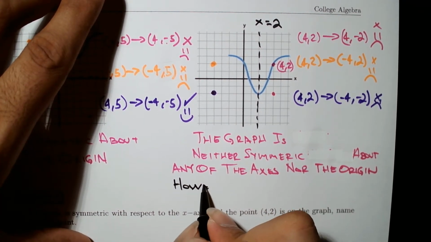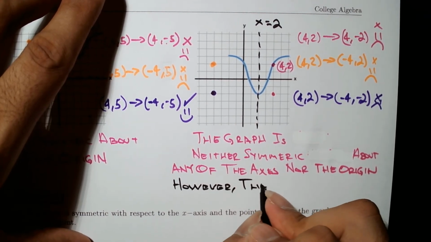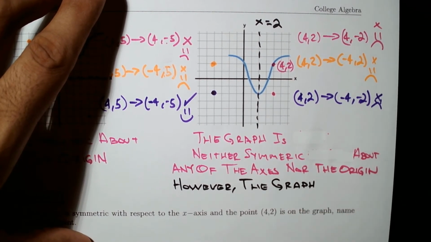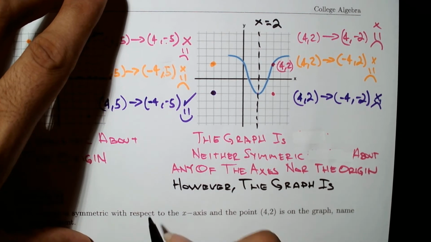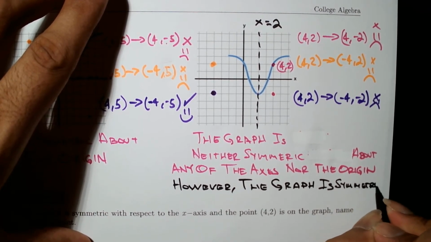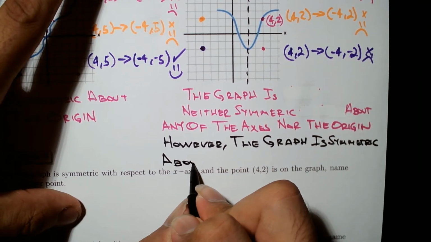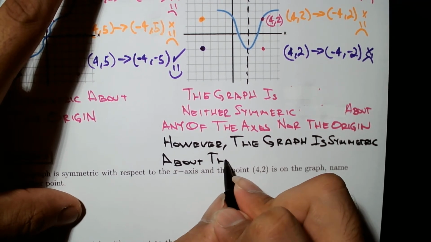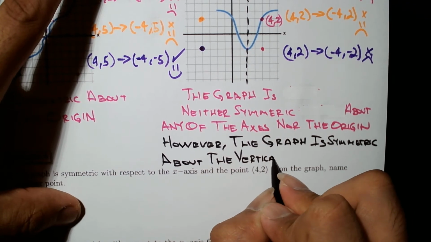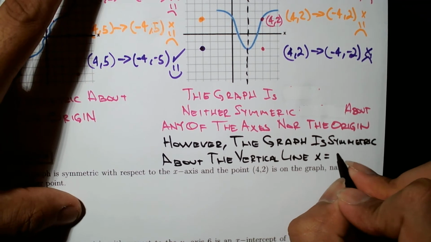However, the graph, not the point, is symmetric about the vertical line x equals 2.